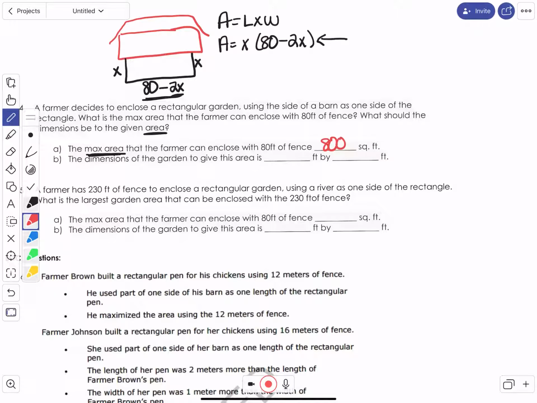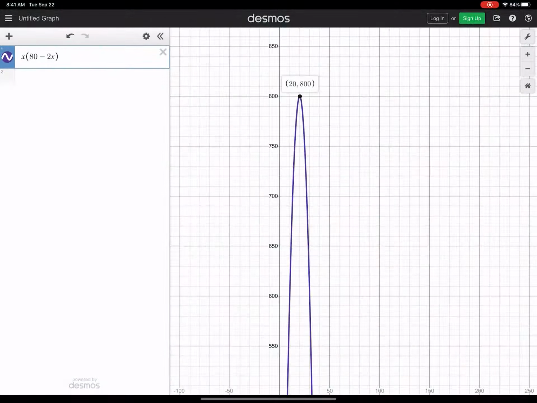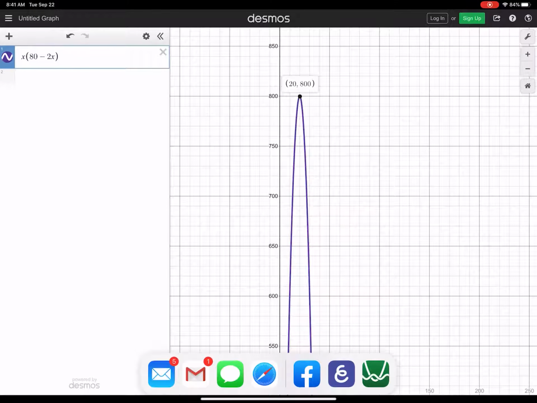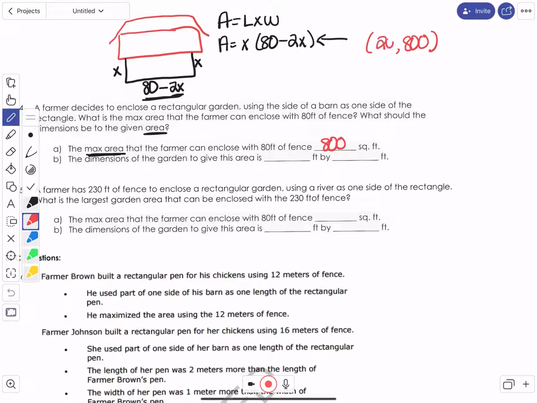Okay, so if I write the coordinates of that point, 800 was your maximum area. And 20 was the x, okay? 20 was the x. 800 was the y, but that represented your maximum area. So 20 was your x, okay?